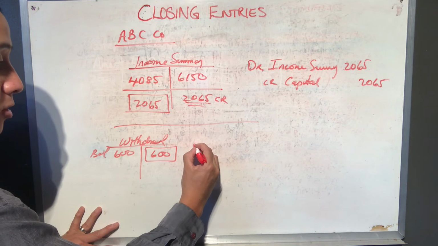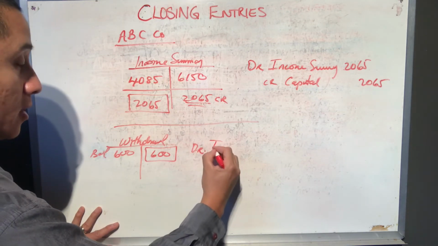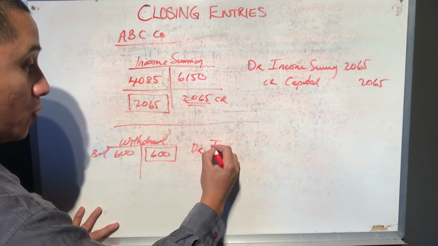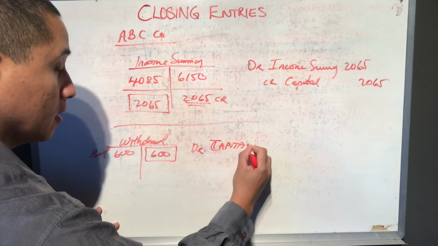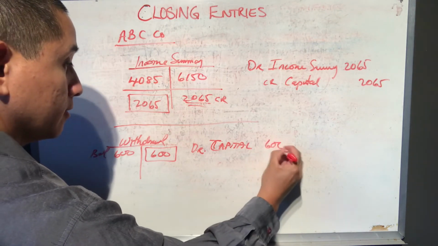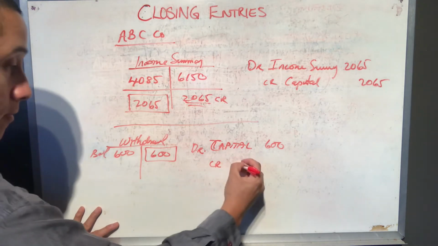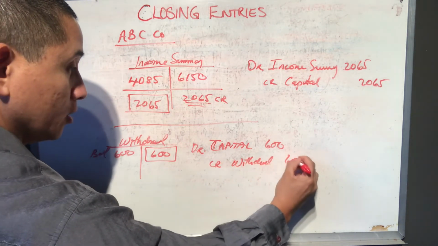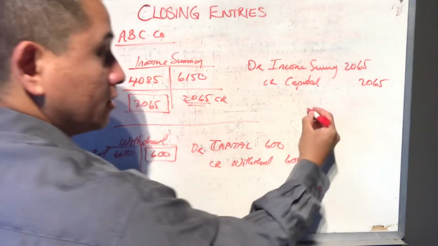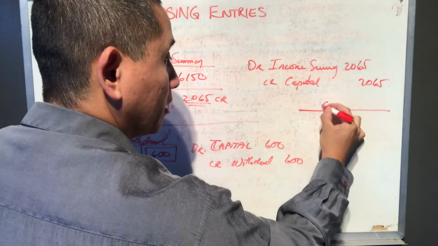So we would need to debit the statement of owner's equity, so it would be capital, 600, and credit the withdrawal of 600.